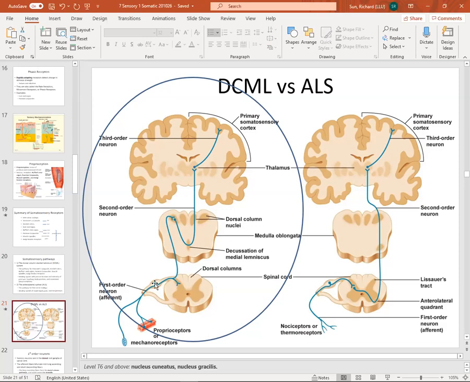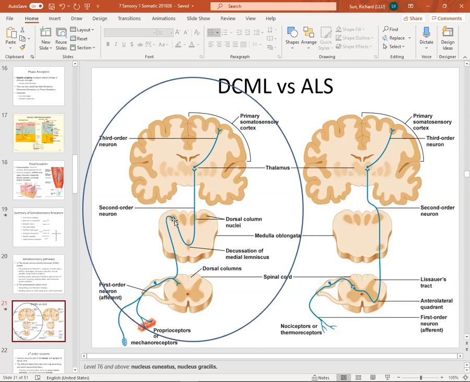This axon is actually pretty long. It will first branch into an interneuron in the spinal cord, but another branch will go all the way up to the medulla. Okay, so here is the medulla.